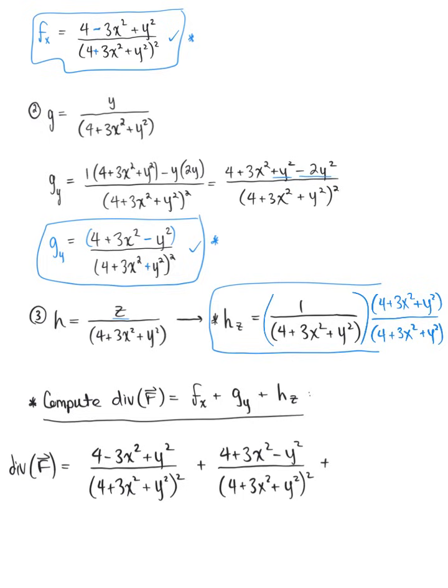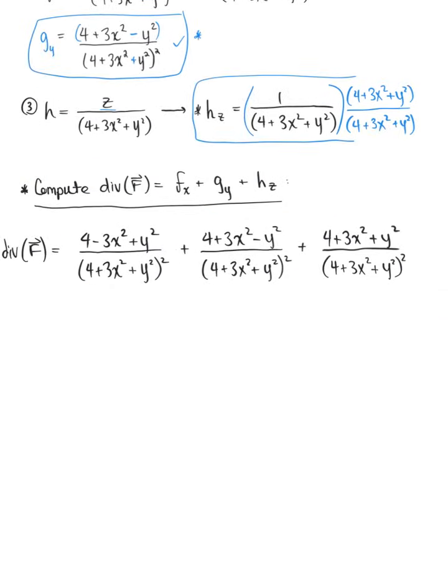So this is going to be plus 4 plus 3x squared plus y squared, all divided by 4 plus 3x squared plus y squared, squared. Phew! So we've got our divergence here.